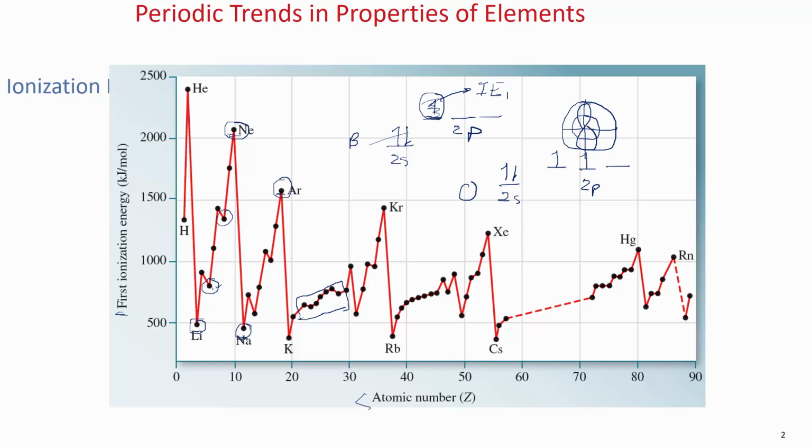1, 2, 3, 4. All right, so oxygen being in group 16 should have 6 valence electrons, and there they are. 1, 2, 3, 4, 5, 6. So this is the first time that we have paired 2 electrons in a p orbital.